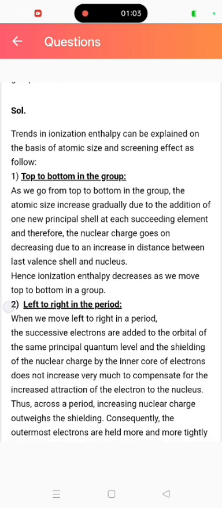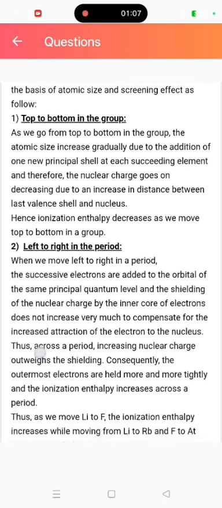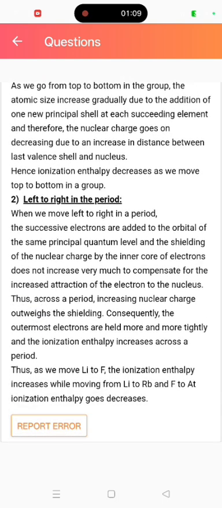Then from left to right along the period, the successive electrons are added to the orbital of the same principal quantum level, and this creates a shielding effect. Shielding of nuclear charge by the inner core of electrons does not increase very much to compensate for the increased attraction of the electron to the nucleus.